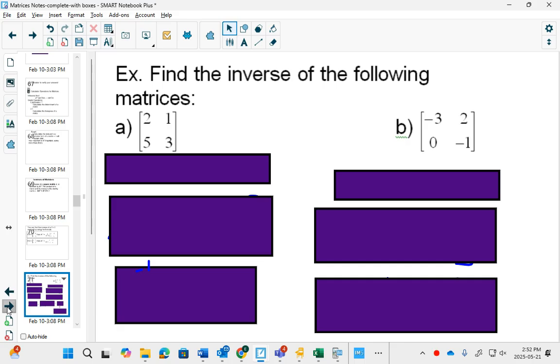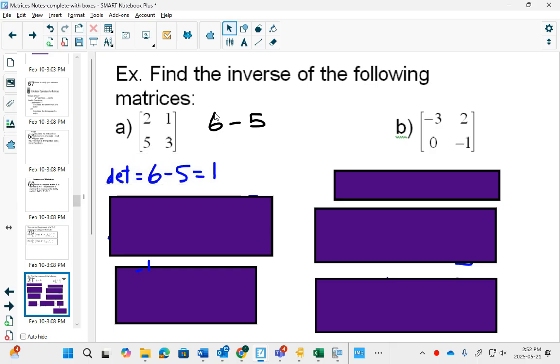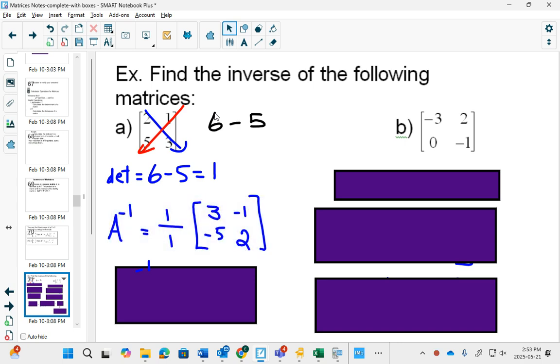So first of all, can you see that your determinant will be 6 minus 5, which is 1. Main diagonal is 6. Backwards diagonal is 5. Subtract them, and we get a determinant of 1. So the inverse then is 1 over 1.